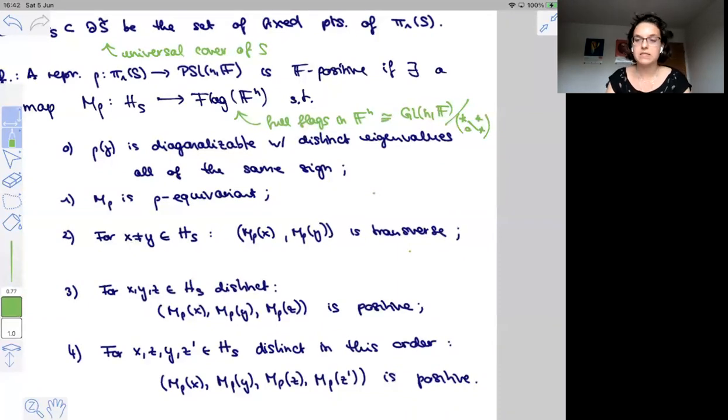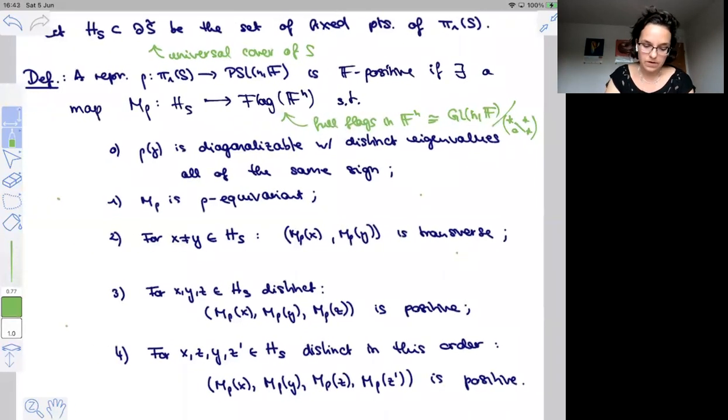So this might sound very complicated, but really think matrices. So we have a map from the fixed point set into these full flags that satisfy certain properties. So let me explain what these properties are.